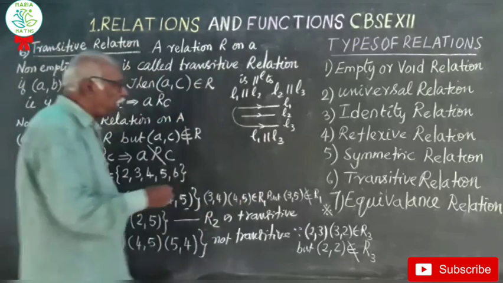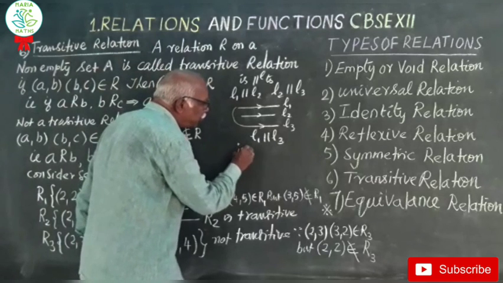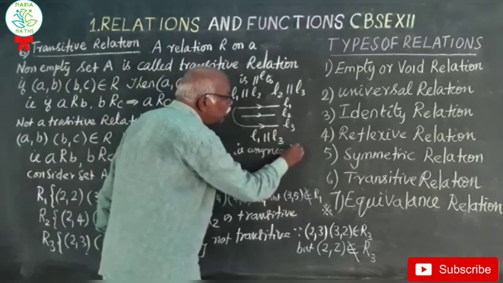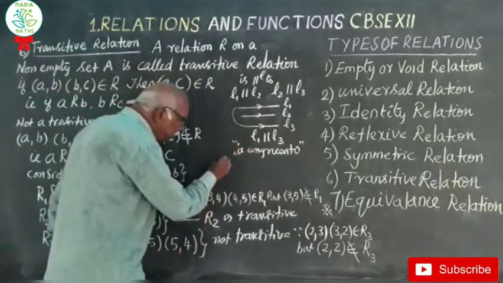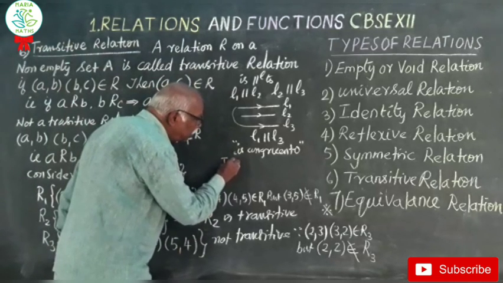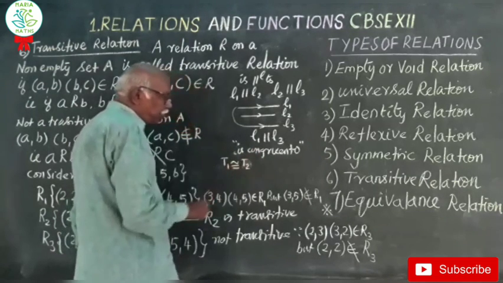In a set of triangles, "is congruent to" is a transitive relation. Triangle 1 is congruent to triangle 2.